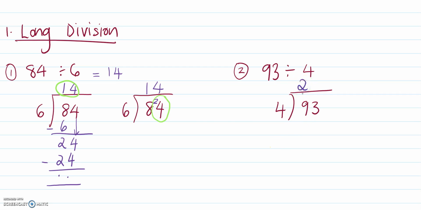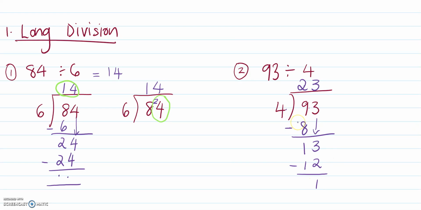So 2, write the 2 above the 9. 2 times 4 is 8, which goes right below the 9. So we take that away. 9 take away 8 is 1. Bring down the 3, gives us 13. Does 4 go into 13? Yes. How many times? 3. The 3 goes right above the 3. 3 times 4 is 12. Take them away from the 13, we get 1.